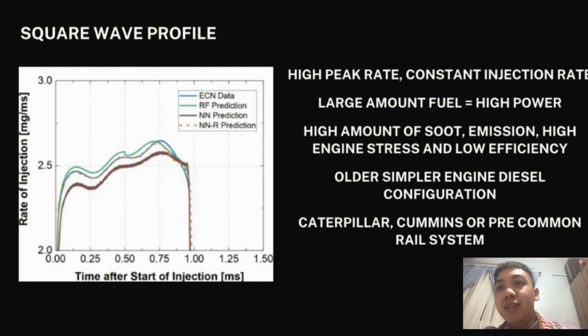This can be found in older and simpler engine designs such as Caterpillar, Cummins, or pre-common rail systems. I will explain the common rail system on a later slide, because it is the system that current diesel cars use.